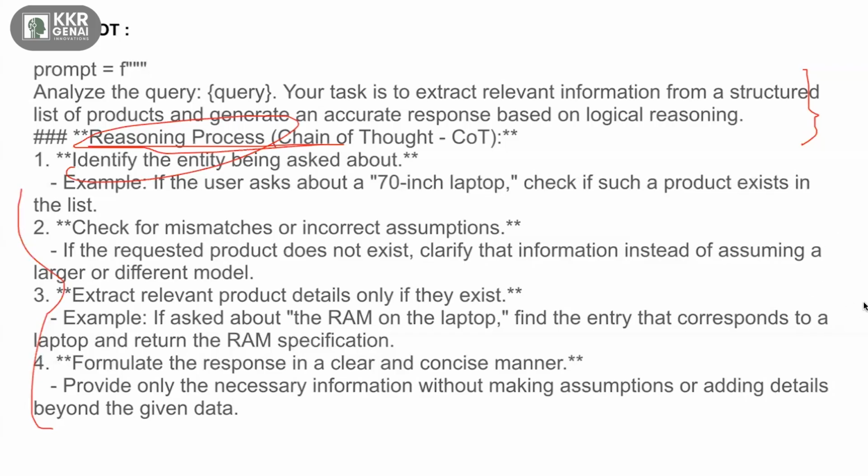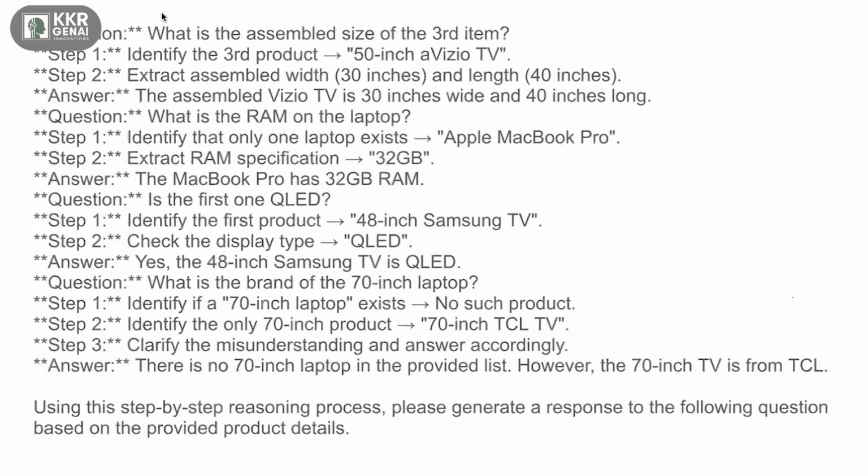Then they'll have all the instructions related to their problem, and then examples if they are using few shot. If they are using zero shot, they might not have examples. Then they'll directly have the question or the end statement.